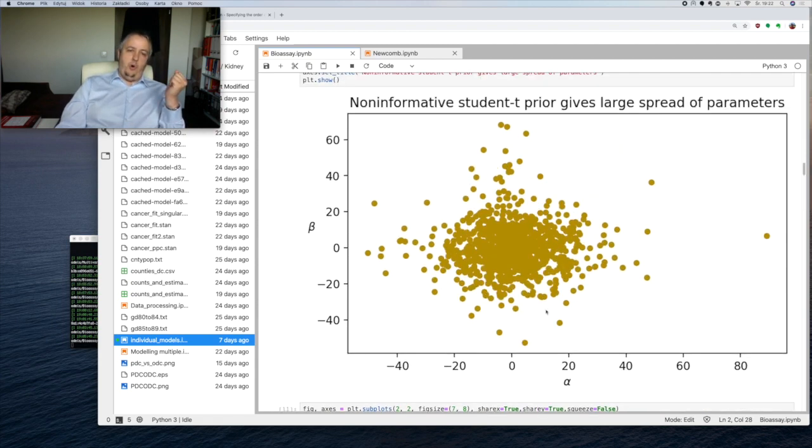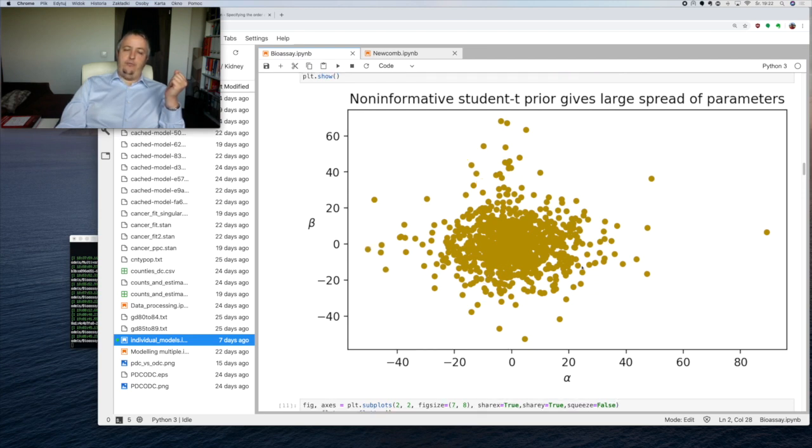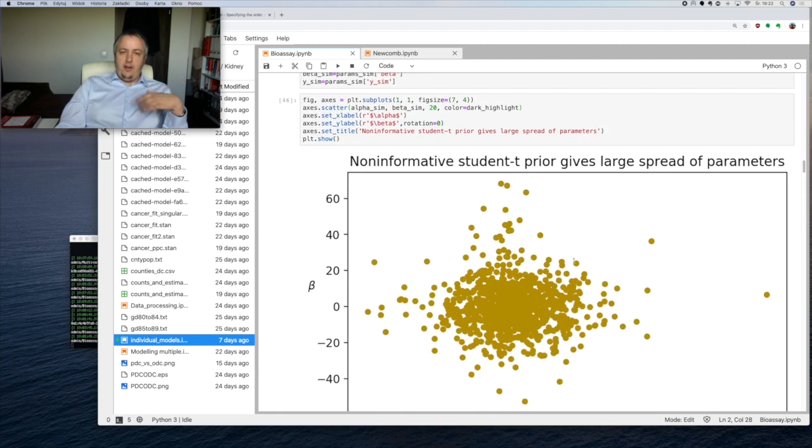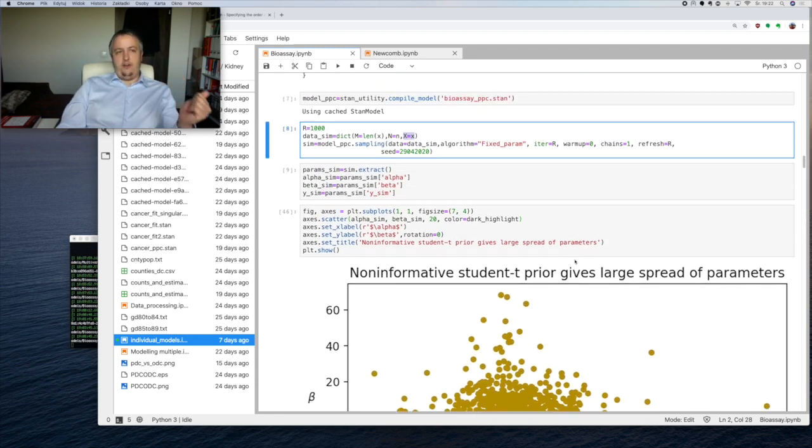Our model allows us to get higher values of alpha and beta. If we have higher values of alpha and beta, our inverse logistic function will move to saturation because it is kind of linear in the middle, sigmoidal in the middle, but then it starts saturating for large negative and large positive values.